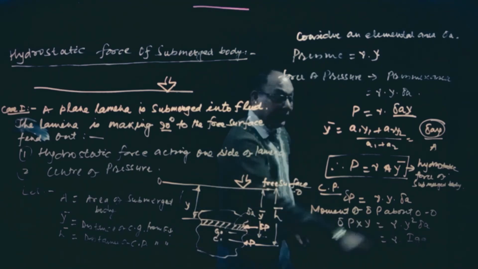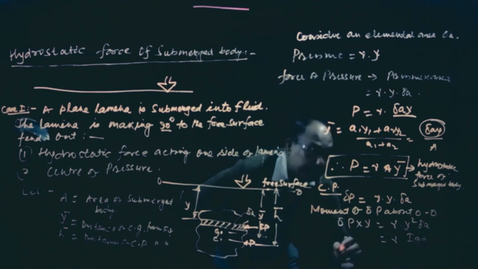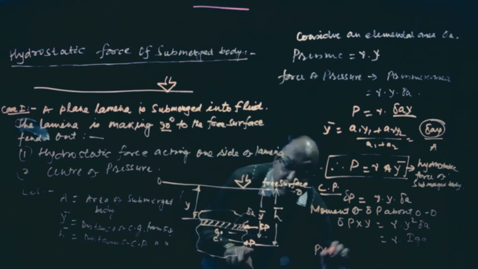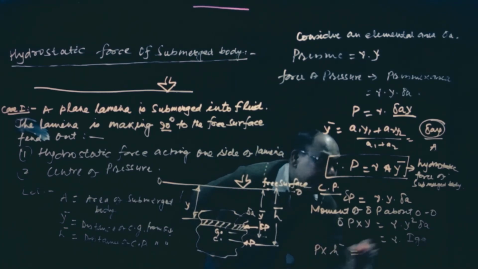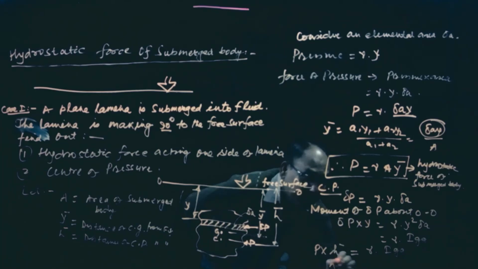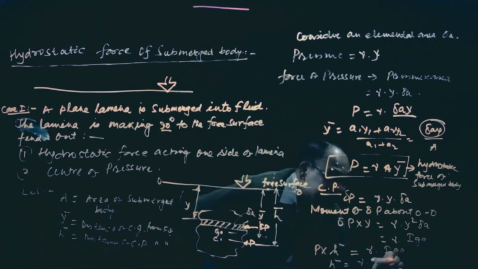Okay, and now at the P, so P into H bar will be equal to gamma into IG. Am I right? So H bar will be equal to gamma into IG by P, and P is nothing but A Y bar gamma. Am I right?